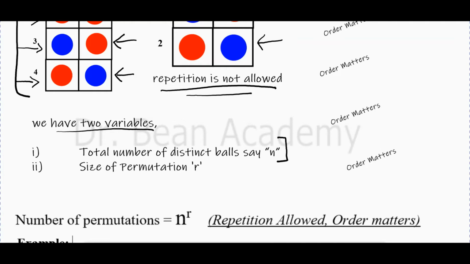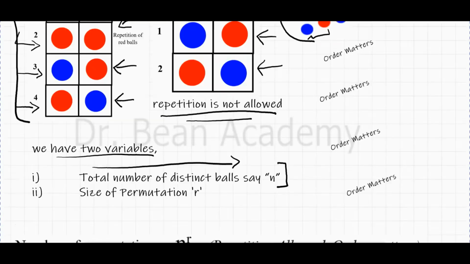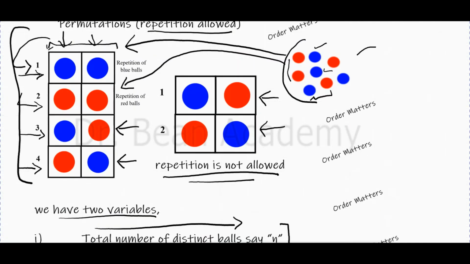This is the total number of distinct balls. I know you can have an unlimited number of balls, but the distinct balls are two, if you remember, red and blue. So n is equal to 2, because this variable matters and it will affect the number of permutations possible. Because of this n, you can only make 4 permutations if the repetition is allowed.